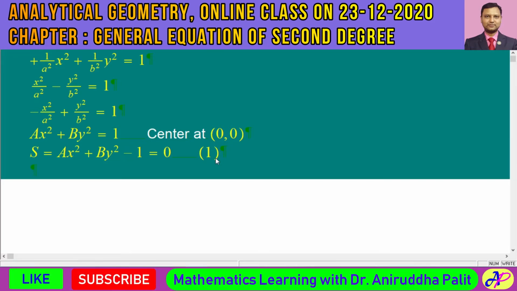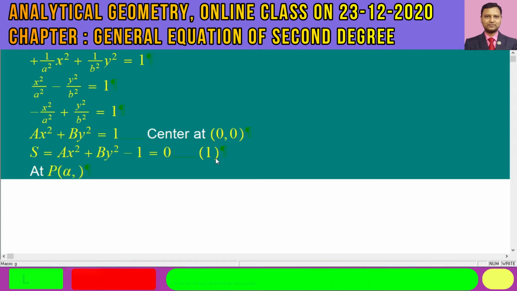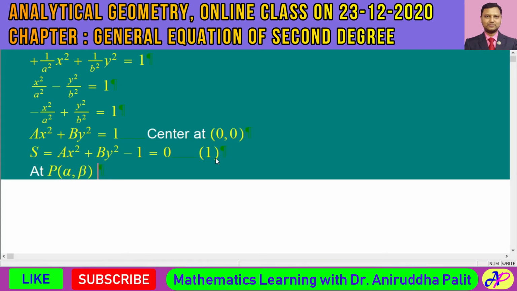Then at any point P, suppose the coordinate of the point P is alpha comma beta.